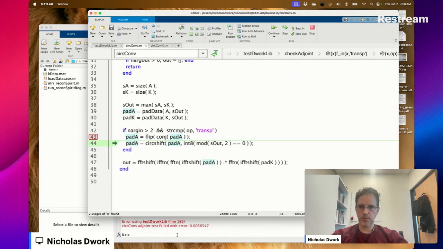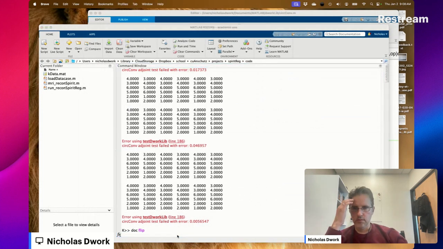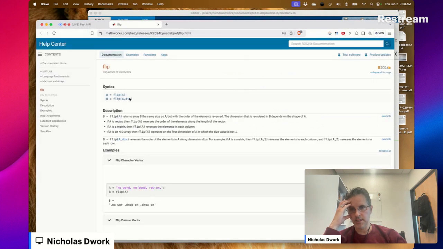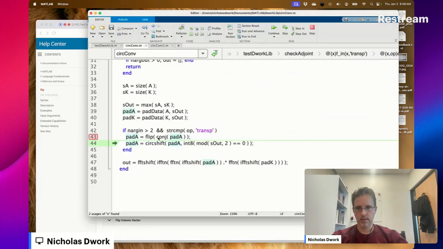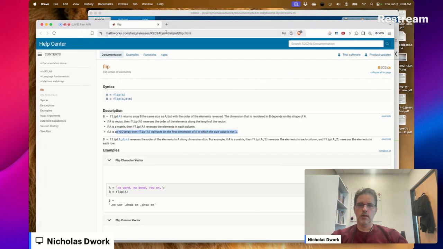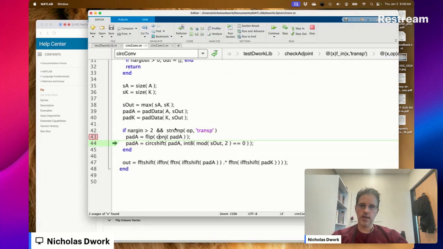Oh, it's flip. Flip is only flipping in one dimension. Reverses the elements in each column. If A is an N-D array, then flip. Ay, man.